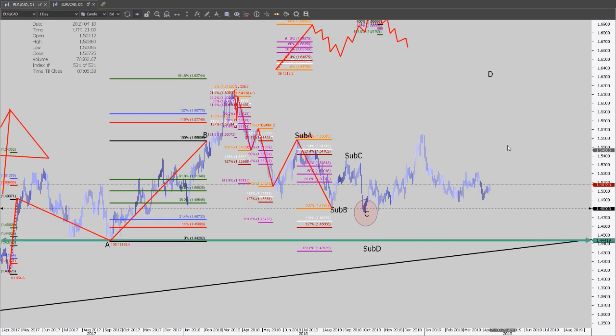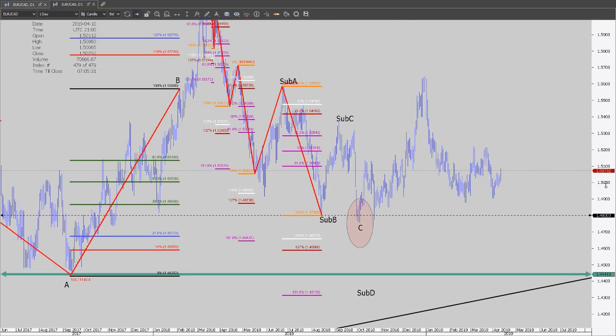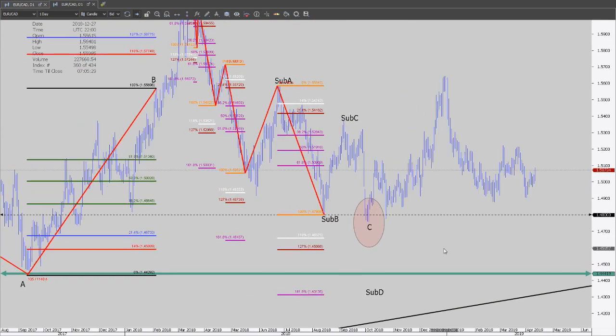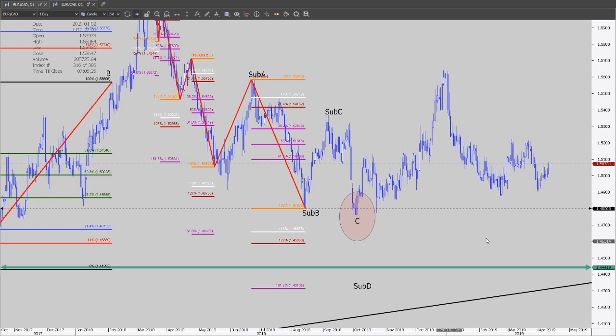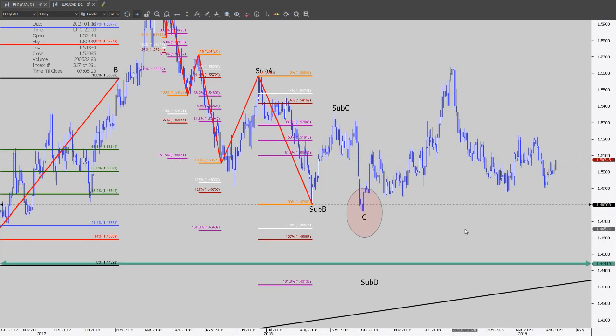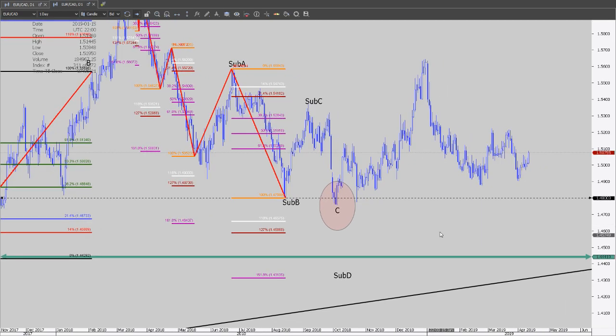Well, if you can see, the market broke our contrarian Fibonacci, right? So on the smaller scale, try to understand this.